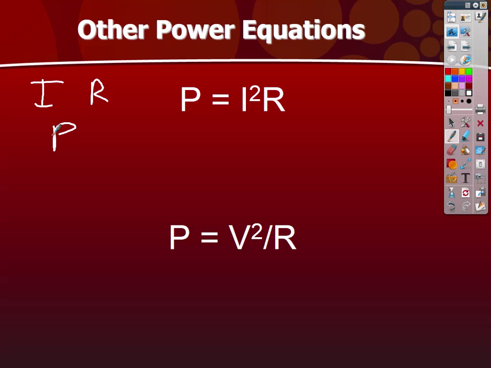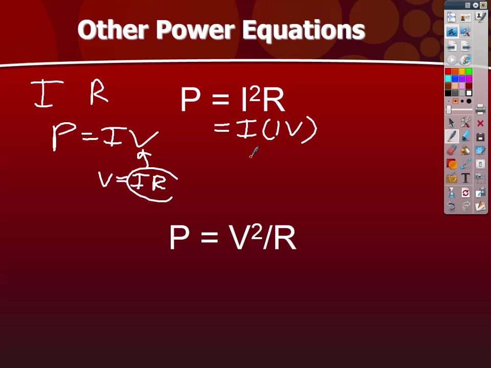Personally, I would go power equals I times V, so I would solve for V. V equals IR. Find that, then plug it in and multiply by I again. But that's what this is saying here. This is I times IR. So that's why it's power equals I squared R.